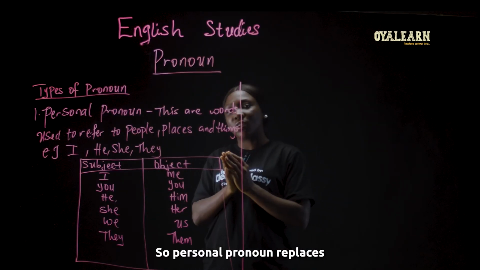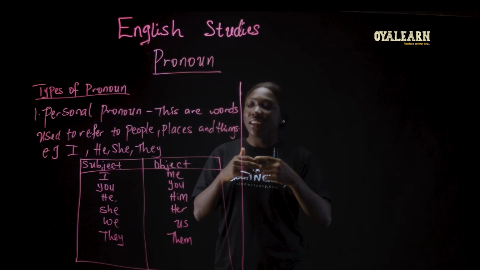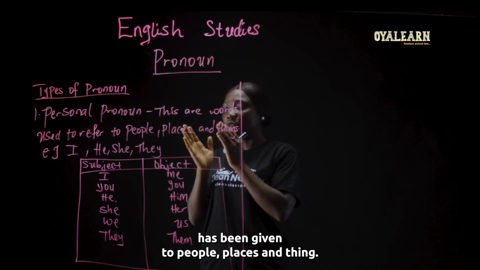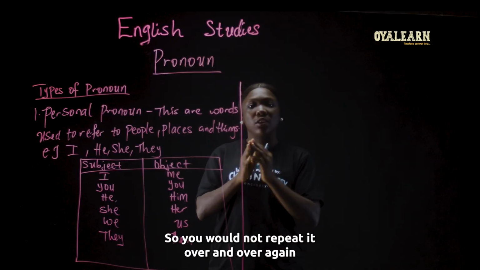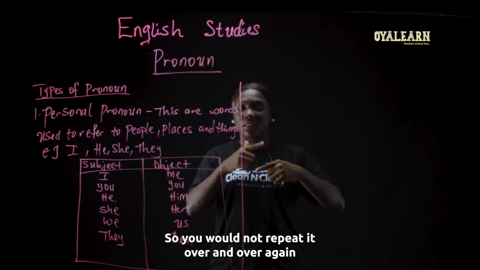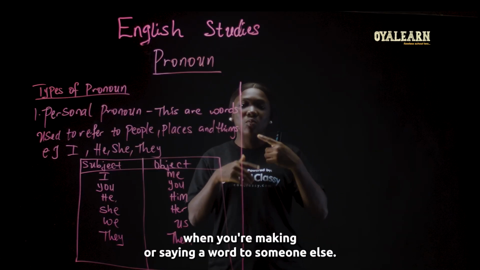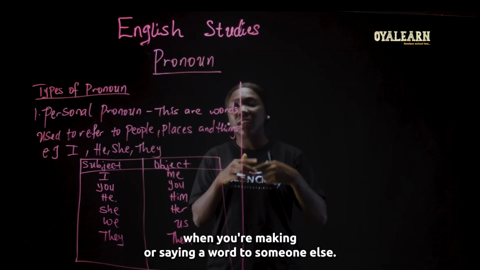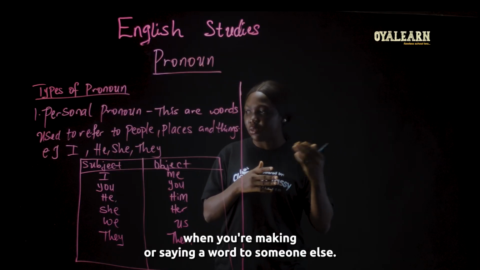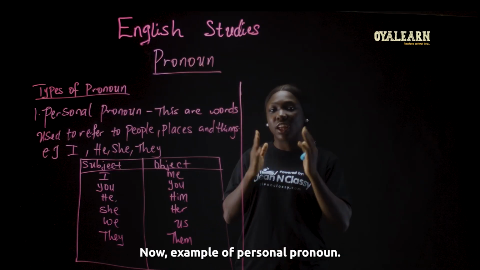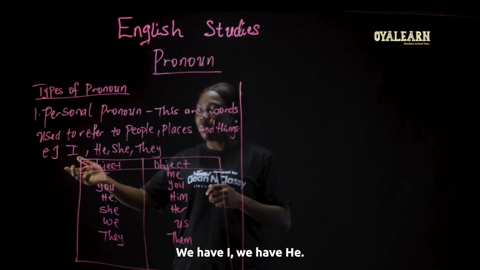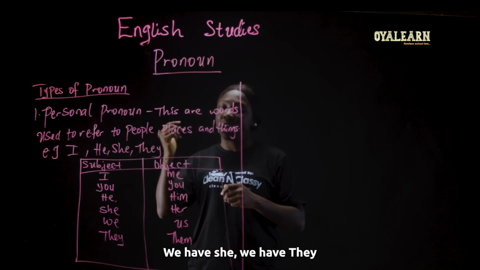So personal pronoun replaces the noun that has been given to people, places, and things, so you would not repeat it over and over again when you're speaking to someone else. Examples of personal pronoun: we have I, we have he, we have she, we have they.